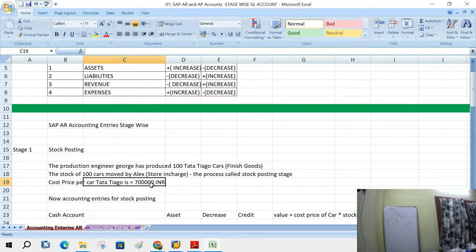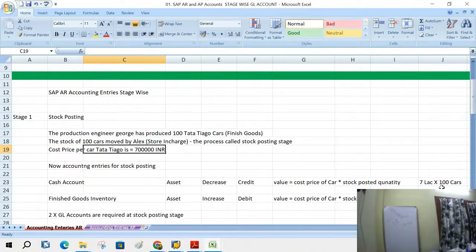Correct. So you have to multiply 7 lakhs into 100. Yes or no? So what is the value? Cost price for the car, that is 7 lakhs or 700,000, multiplied by the stock posted quantity. What is the stock posted quantity? 100. Correct.